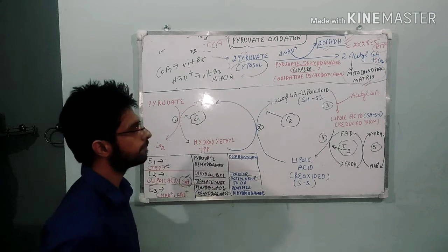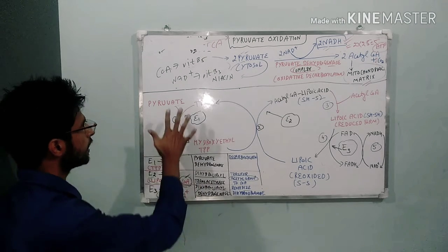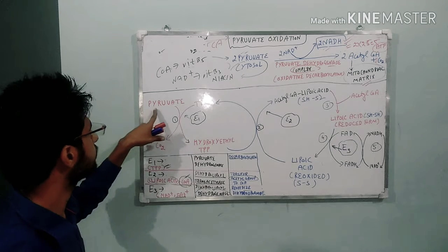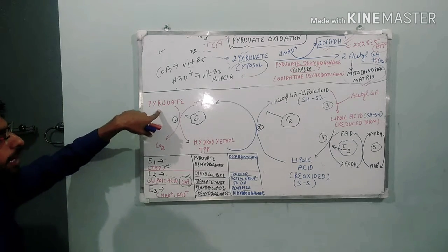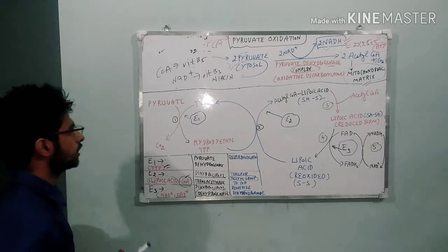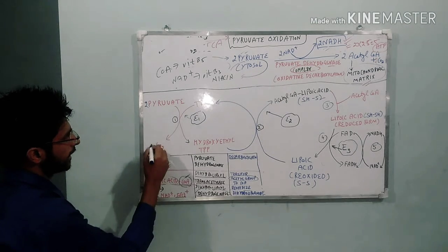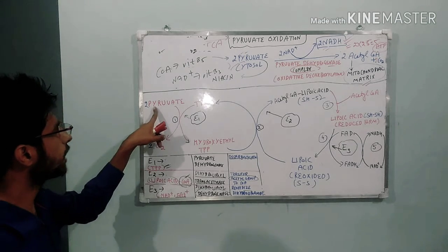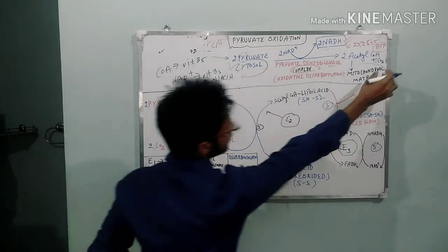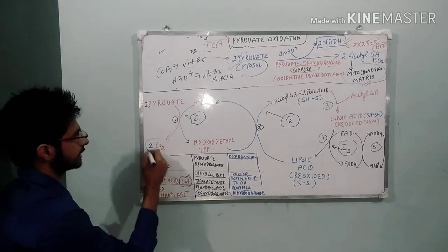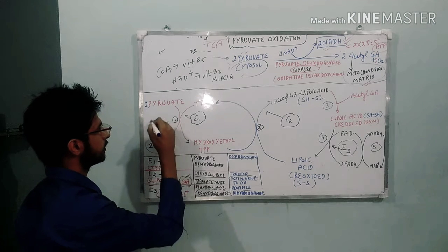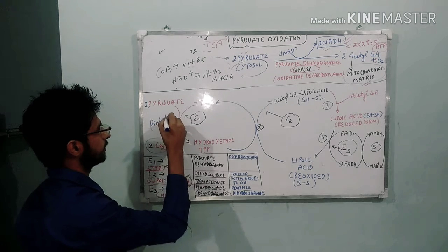So let's come to the main pathway of the reactions. Now we have pyruvate. You have to take care of this: I am taking a single molecule of pyruvate, but here there are two molecules, so I will make it two at every place. The two pyruvate molecules give off two CO2 molecules. This is the first step.